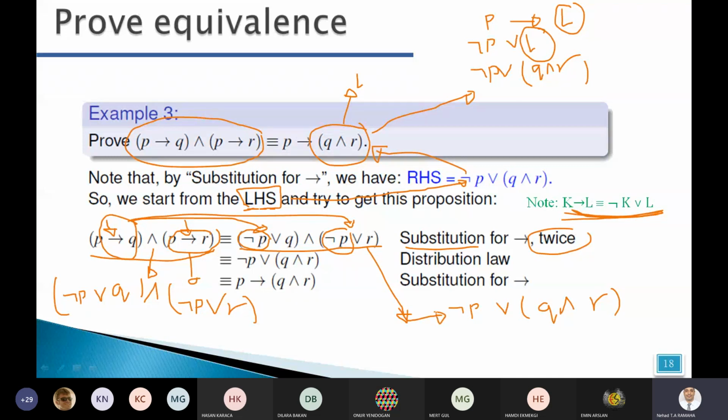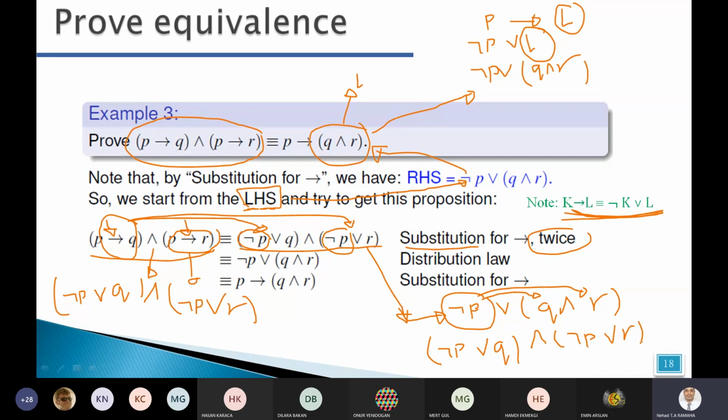We can return it to this origin using the distribution law. How come? If you look here, not P is distributed inside: not P or Q, and we distribute it, not P or R.